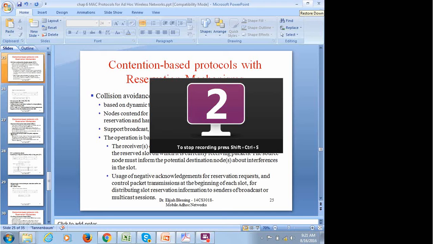Here d basically talks about the degree, the number of 2-hop neighboring nodes, the degree at which these nodes are available. Is it all clear? So you will find that CATA supports collision-free broadcast, and it also helps in collision-free multicast traffic. Is it all okay? Do you have any doubts?